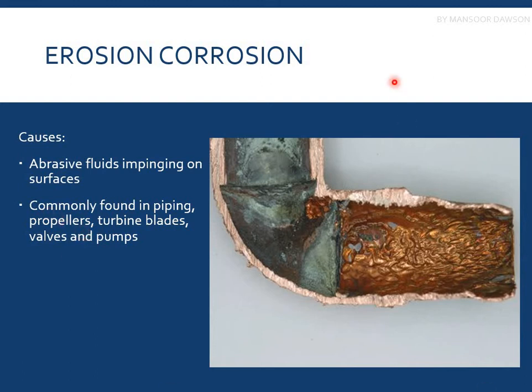So if you have a pipe which has an elbow, as you can see in this case, and your fluid passing inside this pipe has some abrasive particles, which can abrade the internal surface of the pipe or the propeller or the valve or the pumps, so this is a mechanical damage, and the abrasive particles would also start to create a corrosion environment, and the internal surface would also start to corrode chemically.